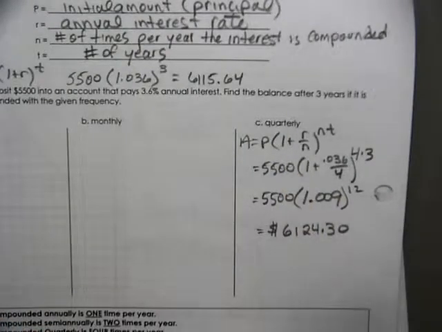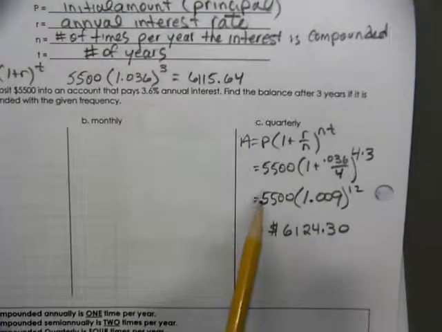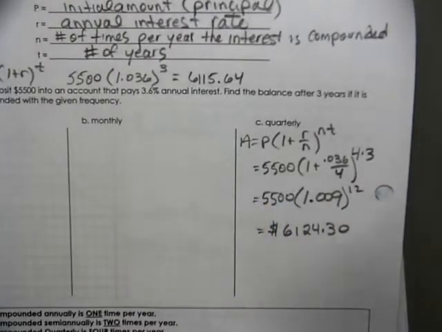They gave you money every 3 months. So after 3 months, they calculated again, and you had more than 5,500 in it. And then 3 months later, they calculated again, which was more than 5,500. And they keep growing on top of it.